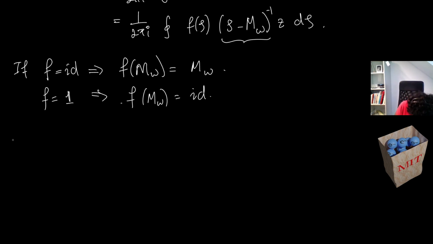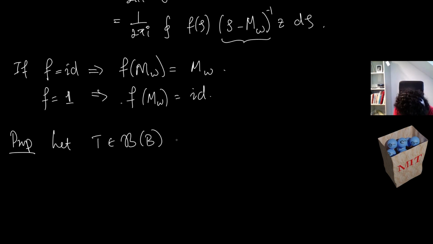bounded operators. So let's start with the proposition. Let T be a bounded operator on a Banach space. The first and very important consequence of this is that the spectrum of the operator now is compact. It's a compact set.